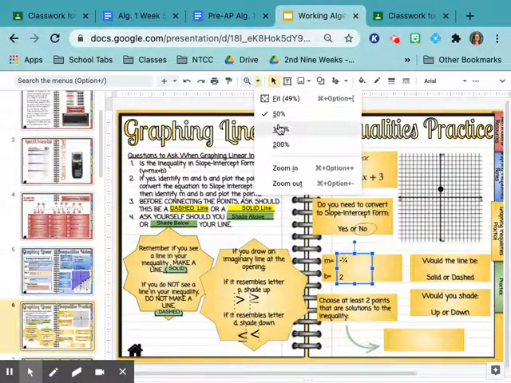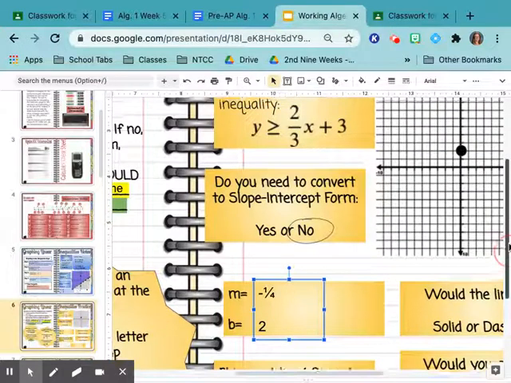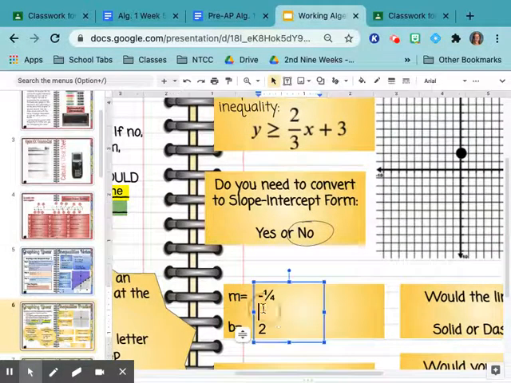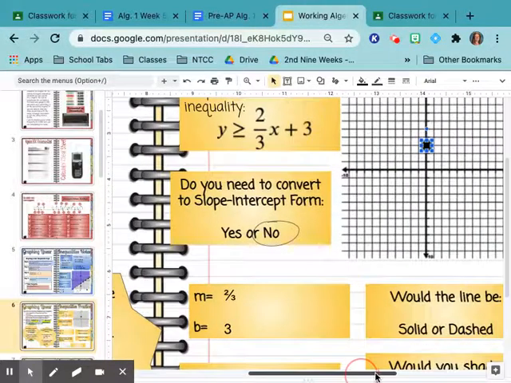So I'm going to fix mine because I edited yours before. But this is our equation. That's the equation y'all have, right? 2/3 x plus 3. Okay. Well, ours is black. Wait. Mine's black. Okay.